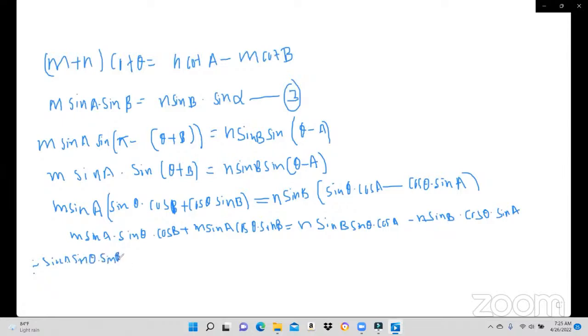My handwriting is not good because I'm writing by the mouse. It is very difficult, right? But you can identify these things.